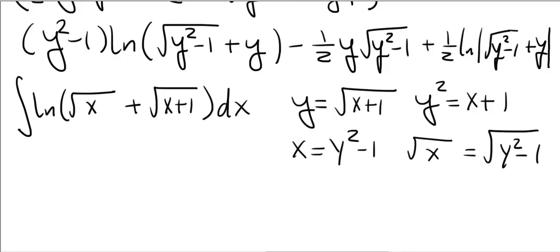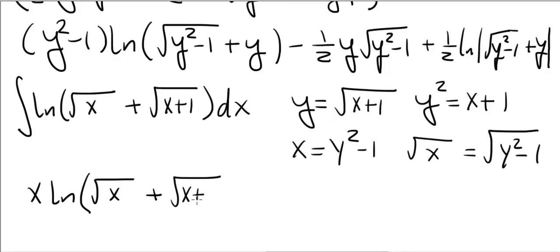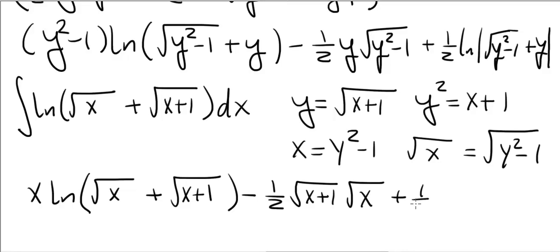Y squared minus 1 is x times the natural log of square root of y squared minus 1, that's of course square root of x, plus y, that is square root of x plus 1, minus 1/2 y, which is square root of x plus 1, and then times square root of y squared minus 1, that's square root of x, plus 1/2 times the natural log of absolute value of square root of y squared minus 1, that's square root of x, and plus y, which is square root of x plus 1. And then we add a constant of integration here.